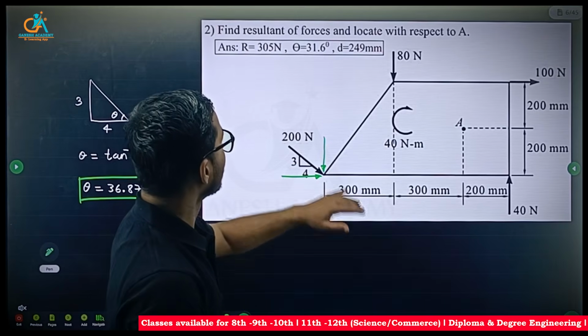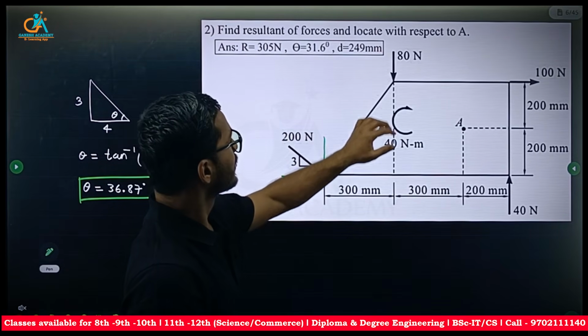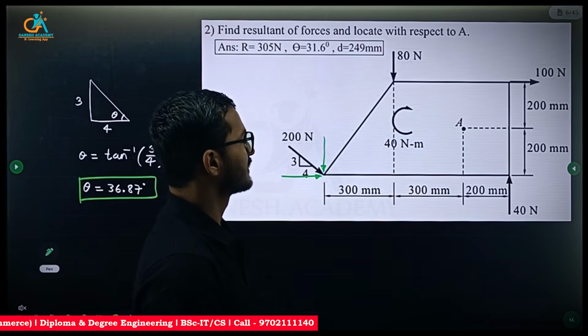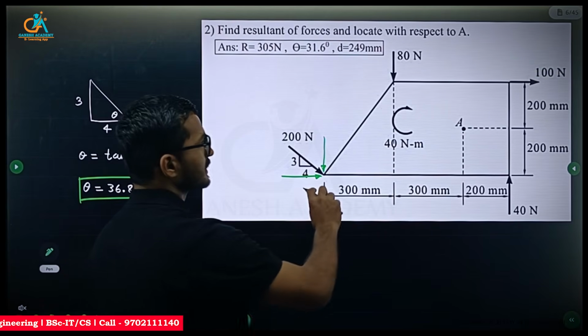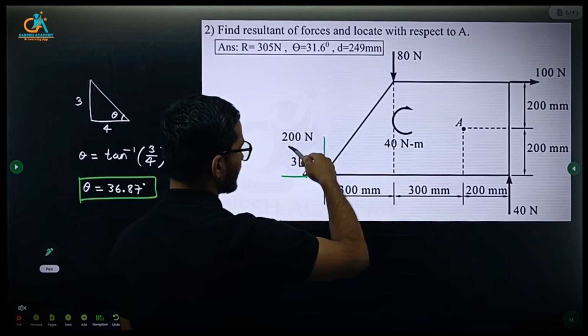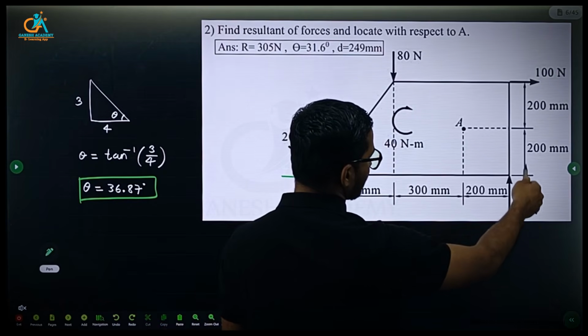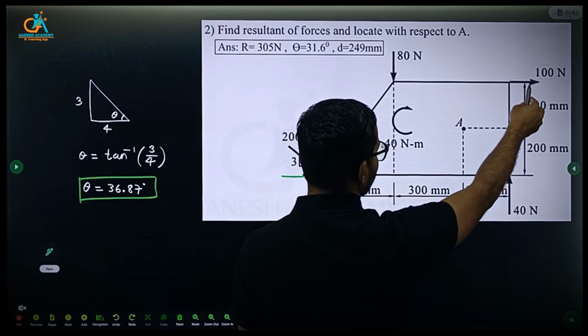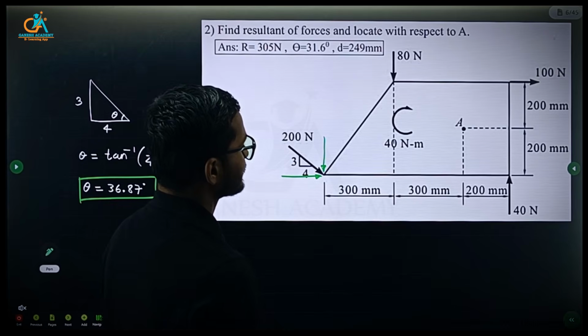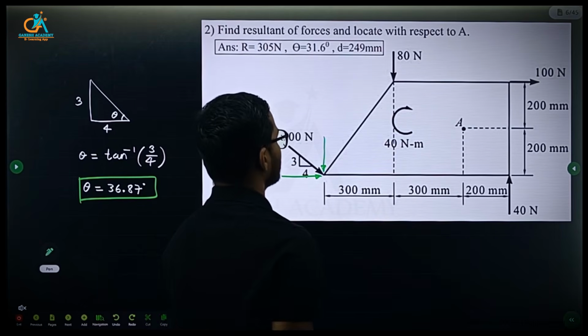So here A is the point of interest, right? First we'll find the resultant of the external forces: 200 Newton inclined force, 40 Newton upward, 100 Newton, 80 Newton, and one couple is given, 40 Newton meter, which is clockwise in sense, right?